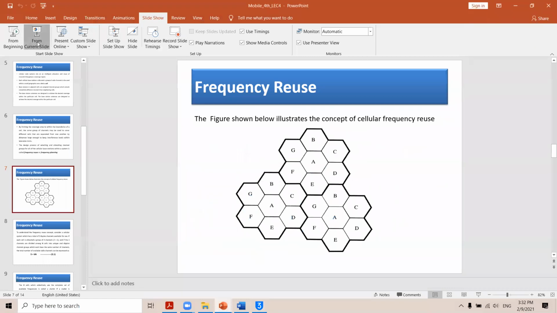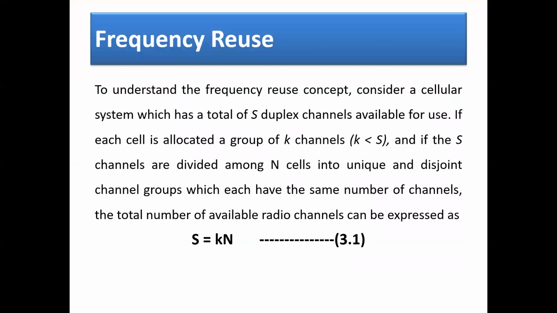Now, let's continue. To understand the frequency reuse concept, consider a cellular system. Now I am going to derive a formula for the system capacity of the cellular communication system. Consider a cellular system which has a total of S duplex channels available for use.